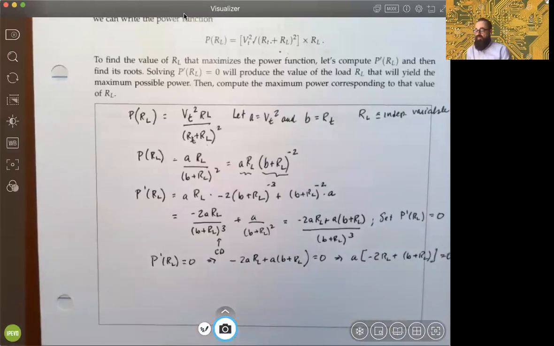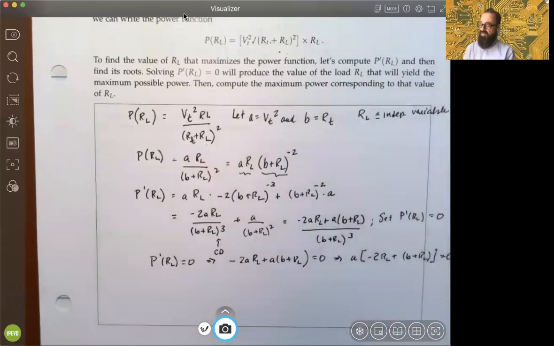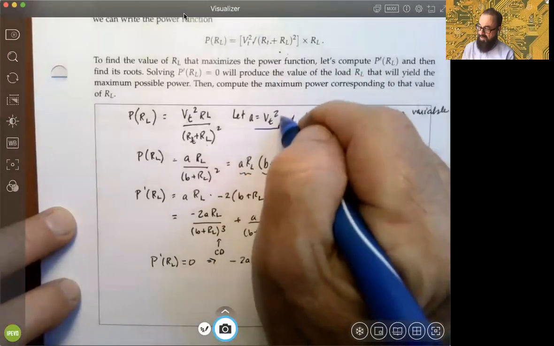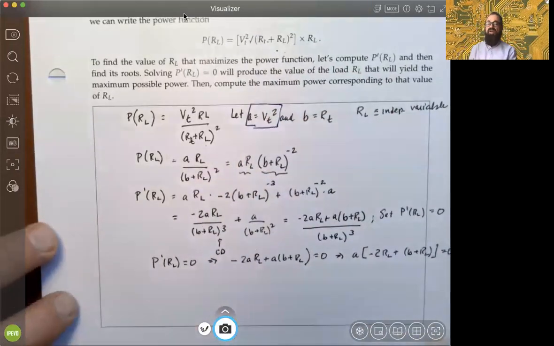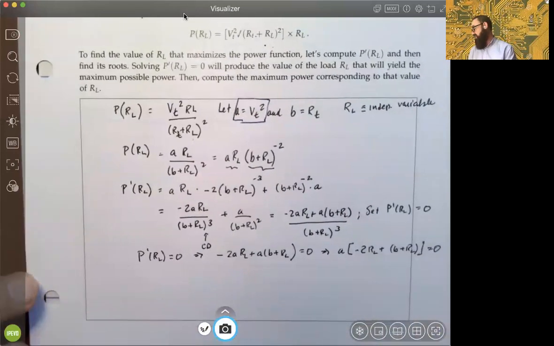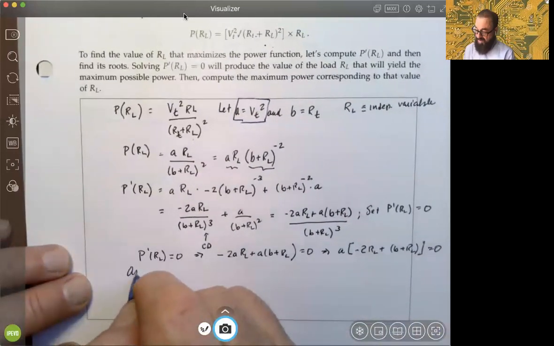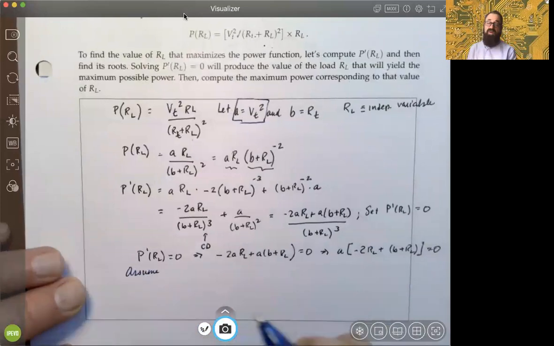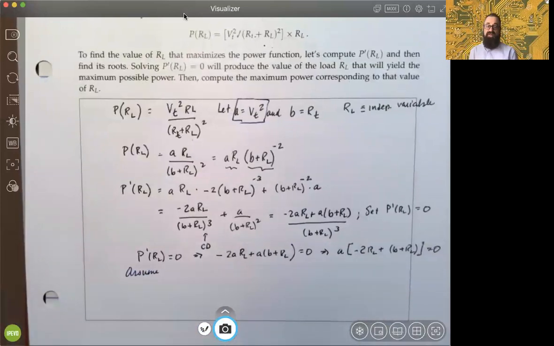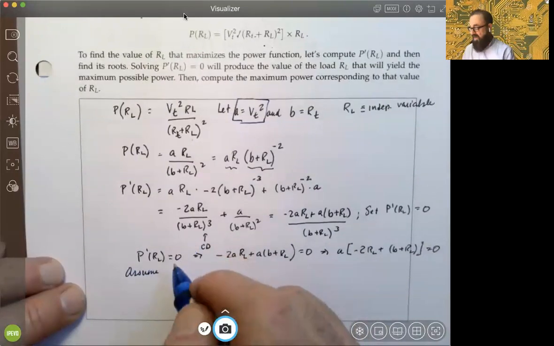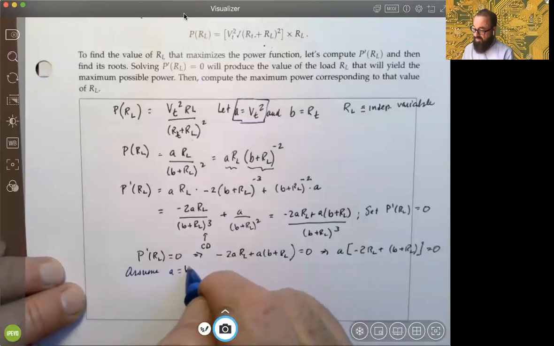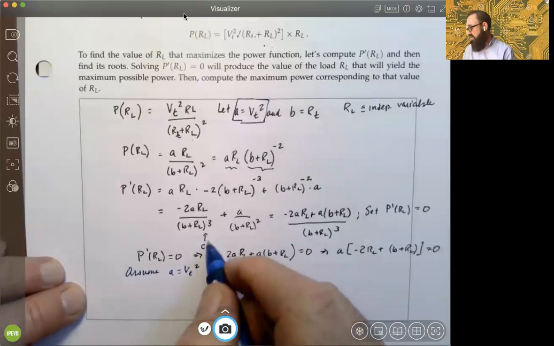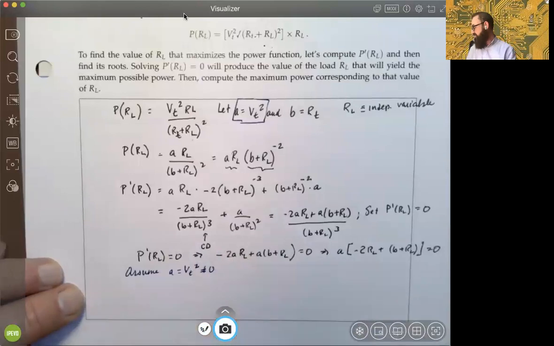But remembering what A is, if we come back up here, A is nothing but the Thevenin voltage squared, and we're going to make the assumption that that is not 0. Because with no voltage, we're not going to be able to generate any power. So let's assume that A, which is equal to V_T squared, is not equal to 0.